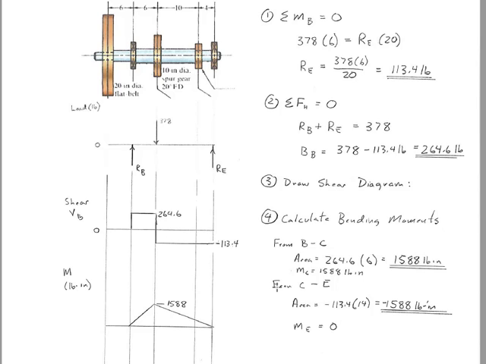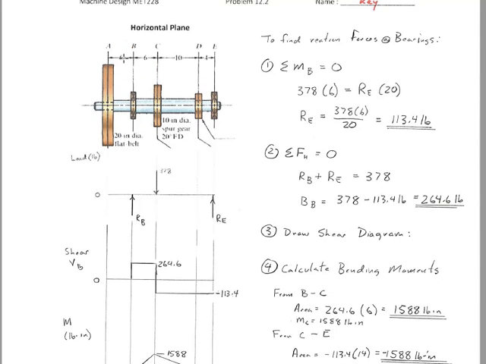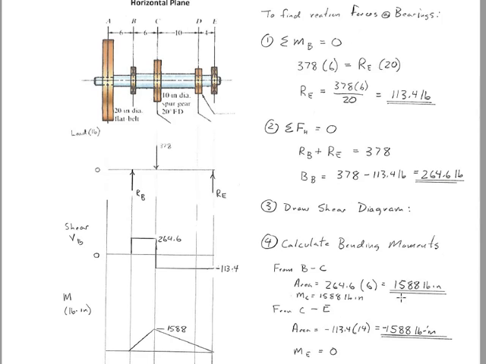And then finally I'm going to calculate the bending moments. So from point B to C, I calculate the area. And what that is, is 264.6 pounds multiplied by the 6 inches right here, 6 inches on the shaft. So when I multiply that, that gives me the area under the shear curve, which becomes my slope for the moment.